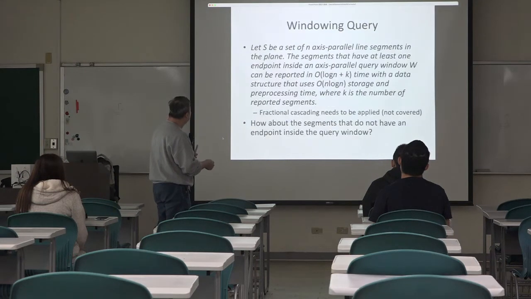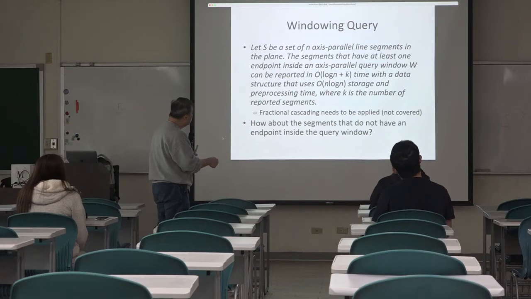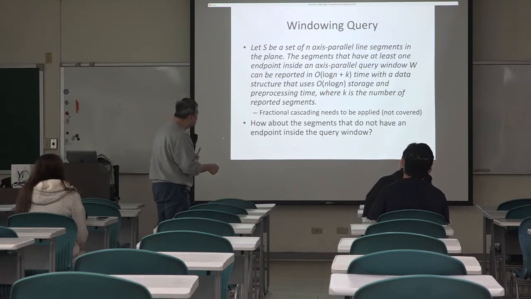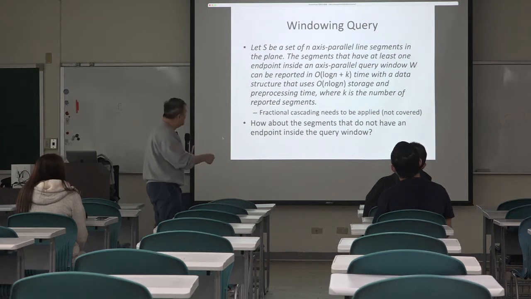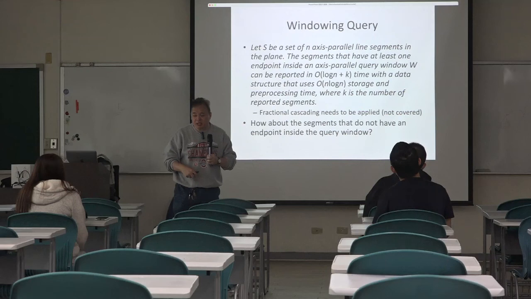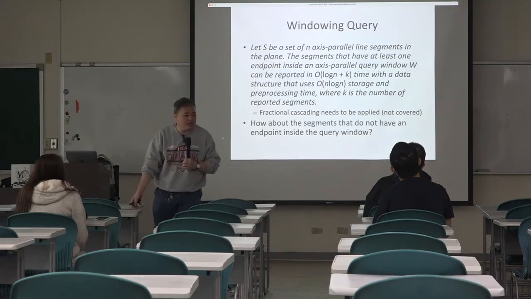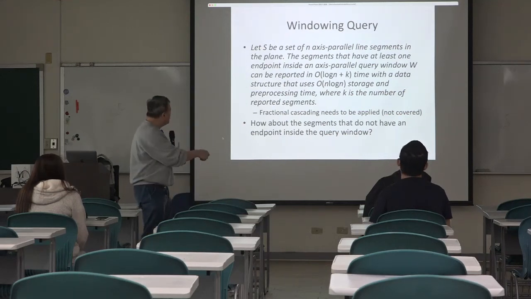actually is log n plus k, right? Log n plus k. Of course, this one we assume we use fractional cascading. Otherwise, it would have been log n squared plus k. But at least I'm telling you there's a way to reduce this query time complexity to log n plus k.